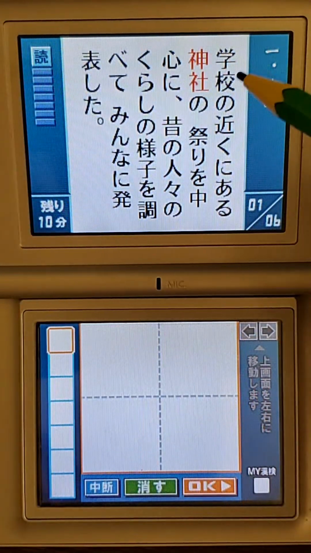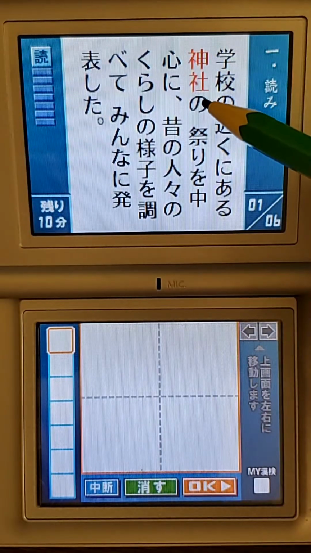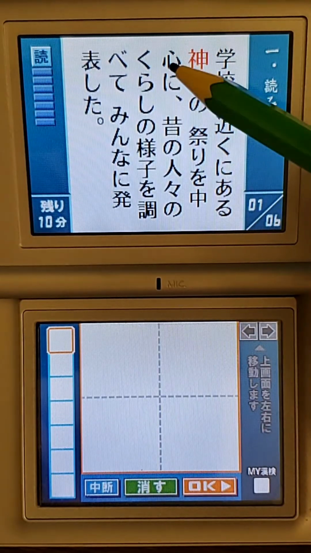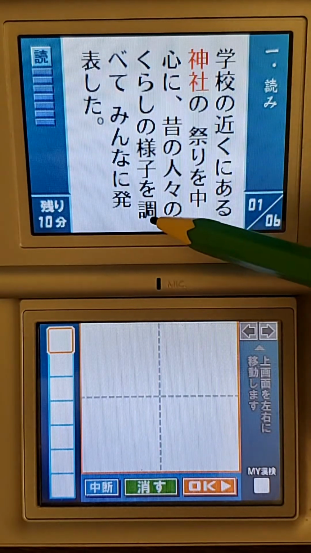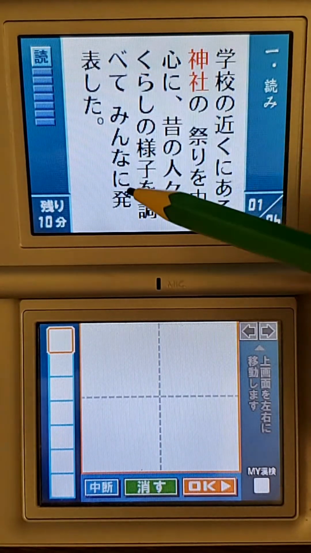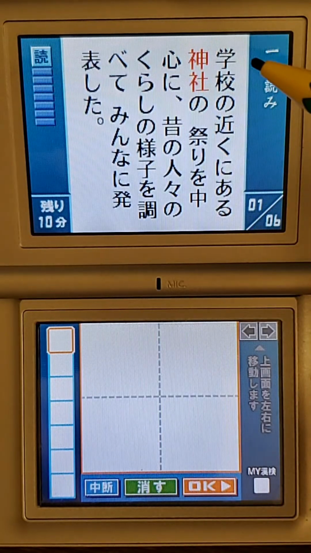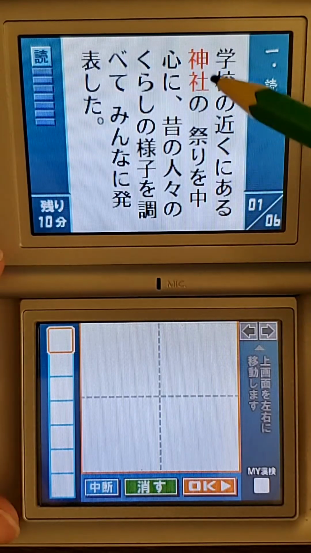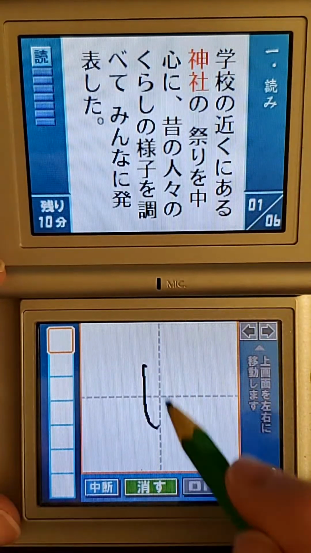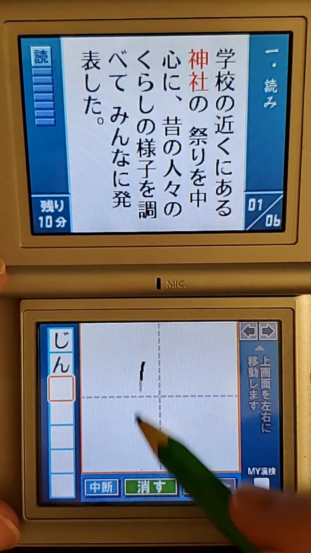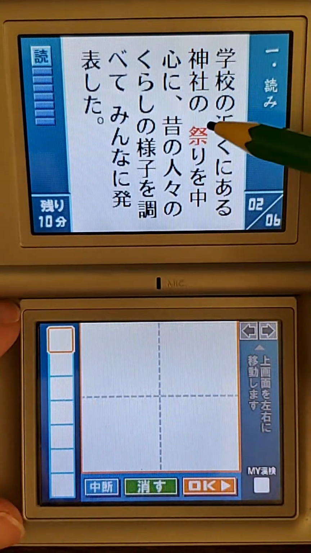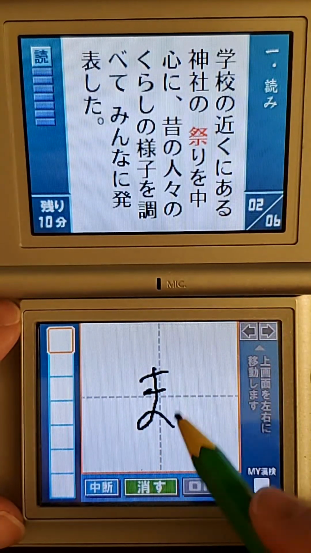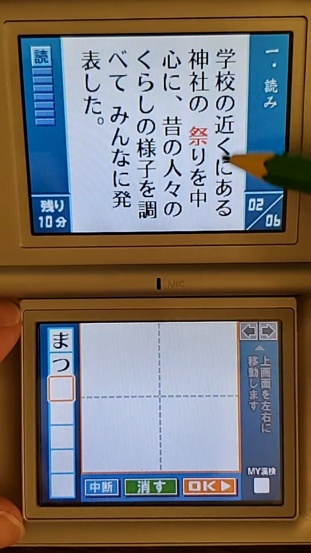Alright. 学校の近くにある神社の祭りを中心に昔の人々の暮らしの様子を調べてみんなに発表した。Yeah. So みんな学校の近くにある神社, so, shrine. 神社の祭り。So 学校の近くにある.